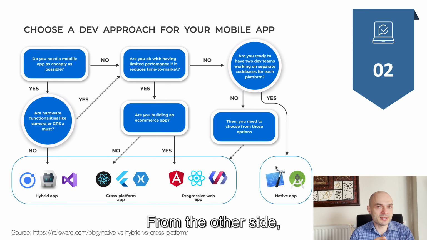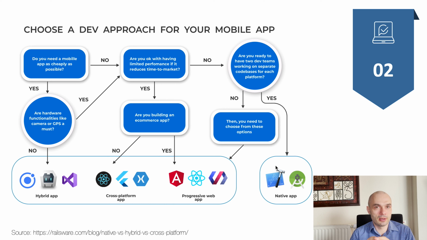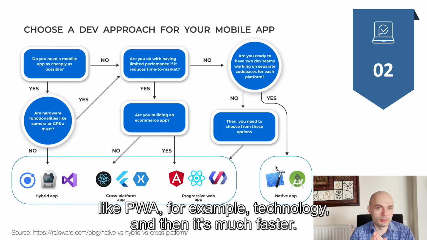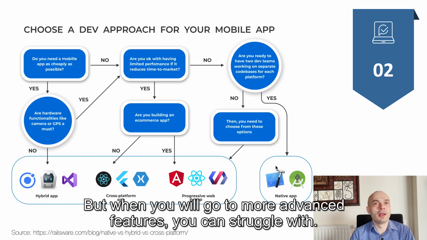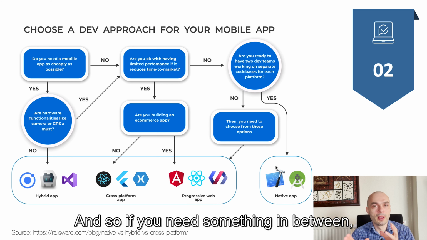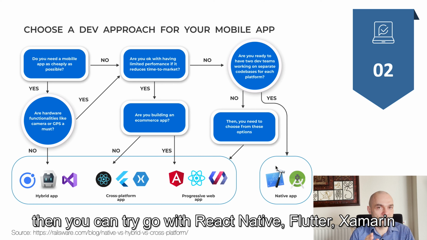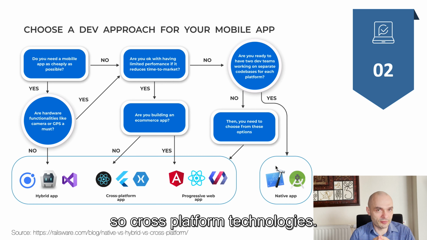From the other side, you can develop it in web technologies like PWA, for example, and then it's much faster. But when you go to more advanced features, you can struggle exactly with architecture, with wrong technology. So if you need something in between, then you can try React Native, Flutter, Xamarin, so cross-platform technologies.